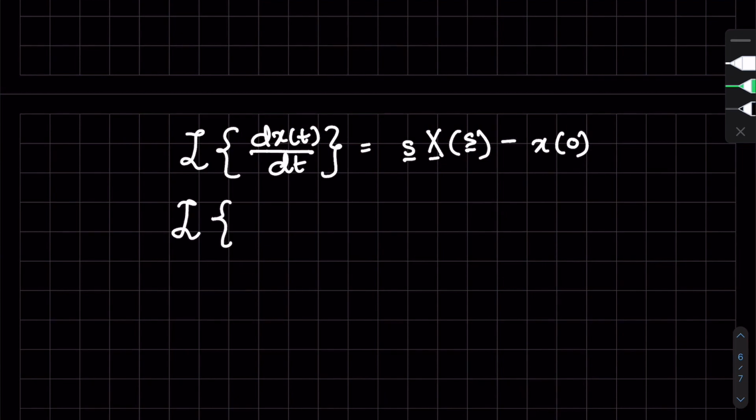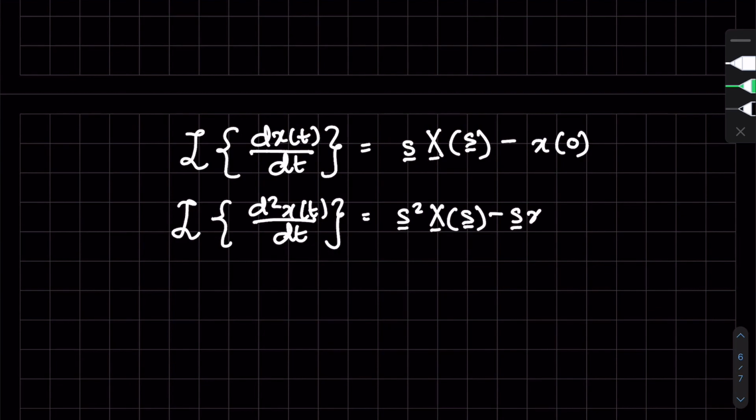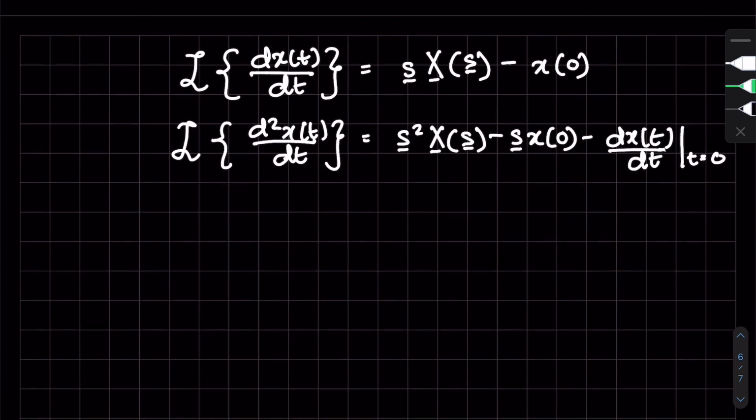The Laplace transform of the second derivative is going to be s squared times capital X of s minus s x of 0 minus the first derivative with respect to t at 0.